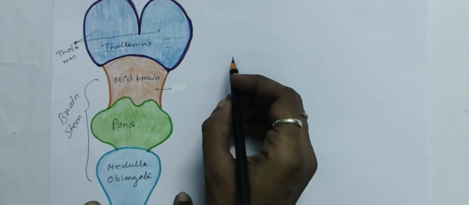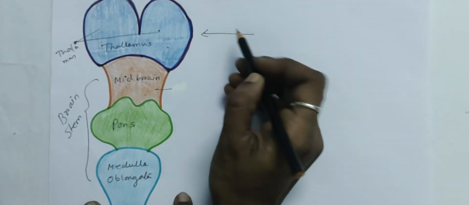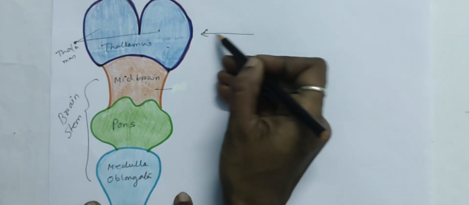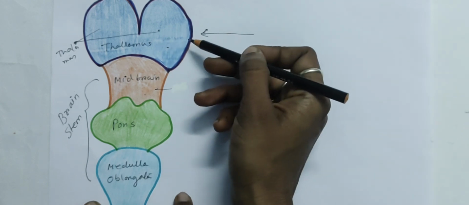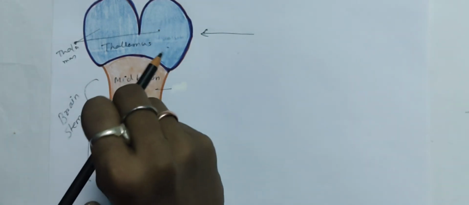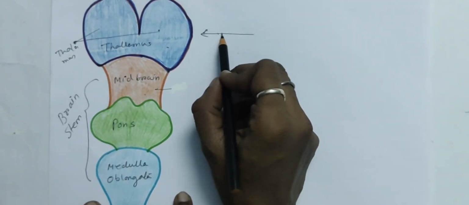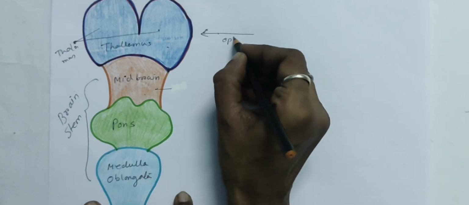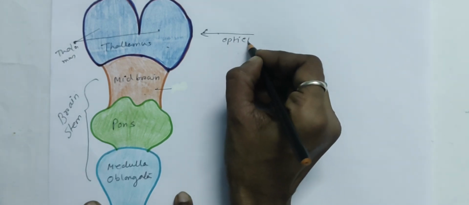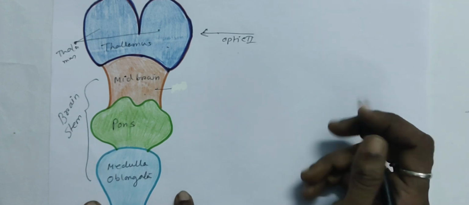Okay, so first there is the optic nerve. This arrow that is entering the brainstem means the sensory impulse, and the arrow outwards from the brainstem is the motor nerve. So this is the sensory nerve, that is optic nerve, number 2. We have 12 pairs.